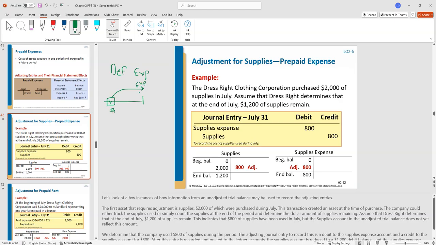Now we're going to have the expense second. The expense comes later. You could plug it into a T account. We started with 0. We bought 2,000, and at the end of the period, we had 1,200. We're talking about supplies. So I said prepaid expense, but a supply is an example of that. You could have prepaid insurance. So if you do 0 plus 2,000 minus X, and your ending balance equals 1,200, then we must have used $800 of supplies.